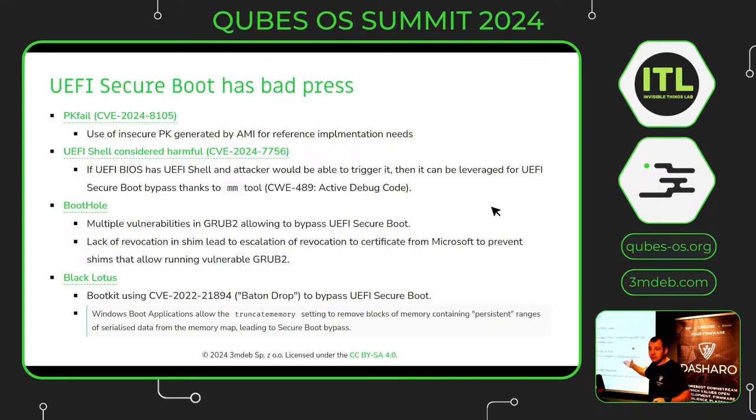It means that whatever Microsoft used to sign the shim is already broken, because they had to essentially revoke all the shims which allow the running of GRUB with the vulnerability. And that was a whole mess. A lot of people were involved and hundreds or thousands of hours were lost because of that.